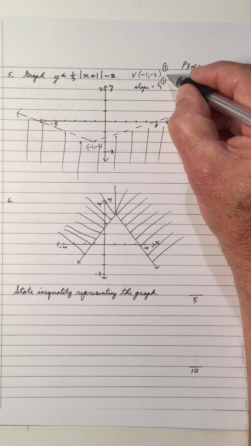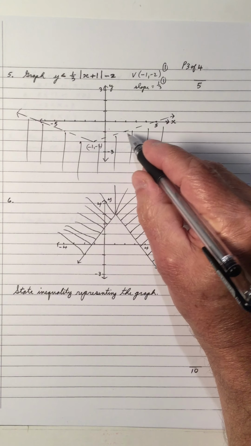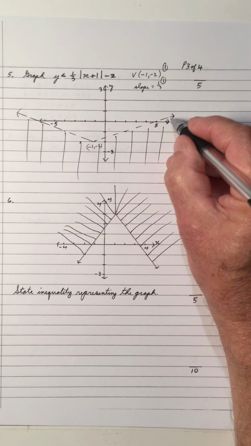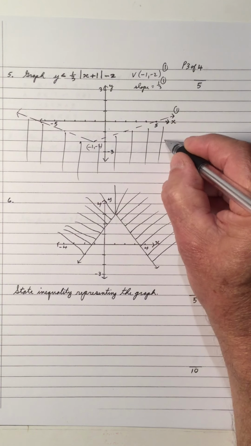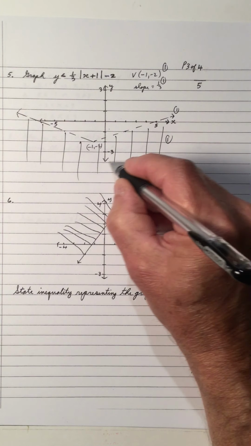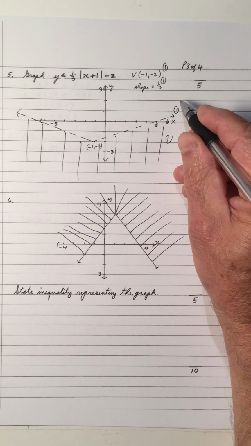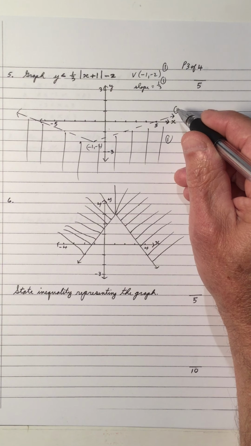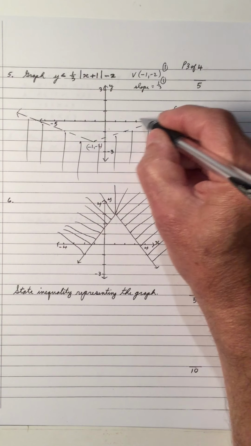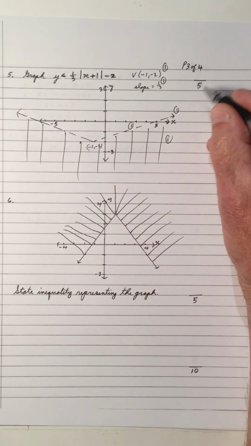If you're going up, you got a mark when you graph it. If you shade it below, you got a mark. And if you checked it, you got a mark. So 5 marks altogether. You got your slope opening up, and you got your broken line or your boundary is also a mark. So 5 marks altogether.